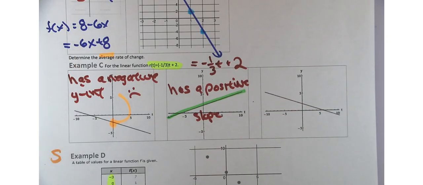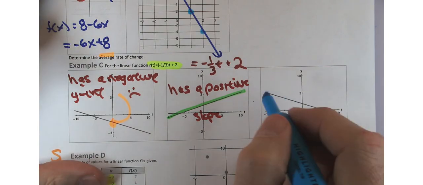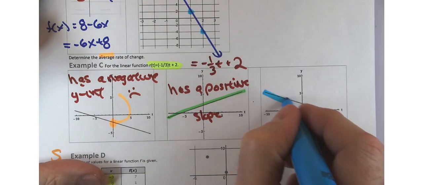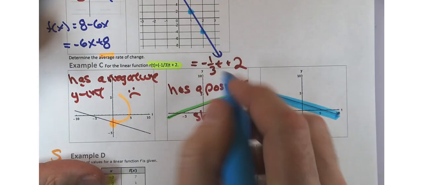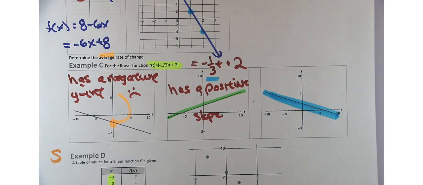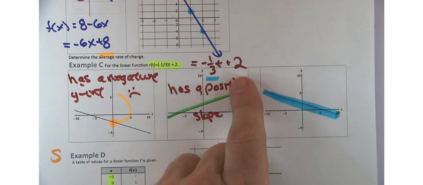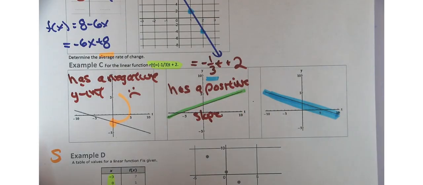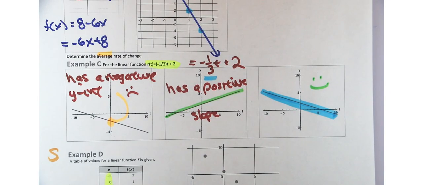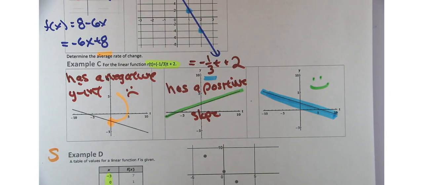Negative. Yeah, it's a decreasing slope. So we got a negative slope there. That looks good, and that matches this negative slope here. And then finally we've got a positive y-intercept, which matches this one here. So this one, yay, that's our winner. That one matches. Nice.